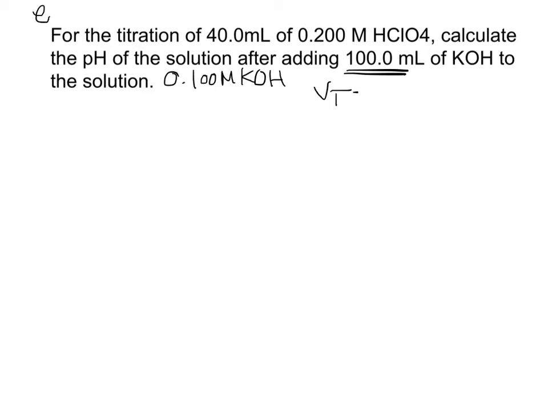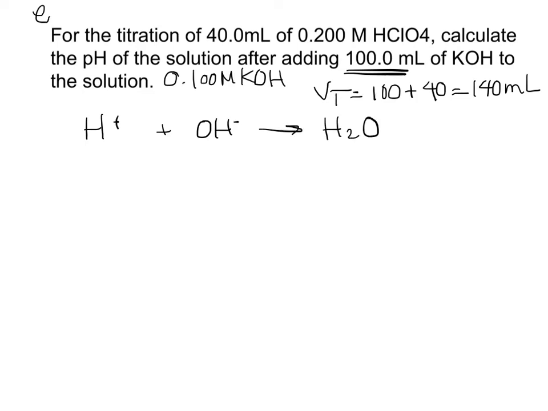The total volume is going to be 140, because 100 mils of KOH plus 40 mils of acid gives us 140 total mils. Since we're past the equivalence point, we're not going to be calculating the hydronium ion concentration. We're going to be calculating the hydroxide ion concentration, because it's the hydroxide that is in excess this time.